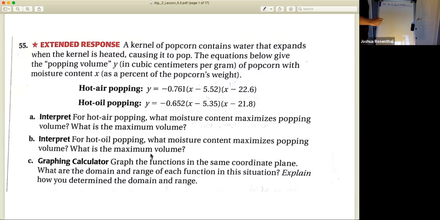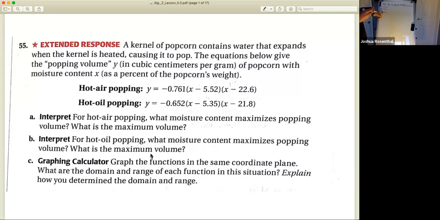So I'm going to go ahead and average those now, and you can write them. P is 5.52. Q is 22.6, and I'm going to average those. So here we go, 5.52 plus 22.6 divided by 2. Okay, so my vertex is at 14.06. That's my X coordinate. All right, so I know as a percent of the popcorn's weight, the moisture content, that looks like that might be 14.06% of the weight.